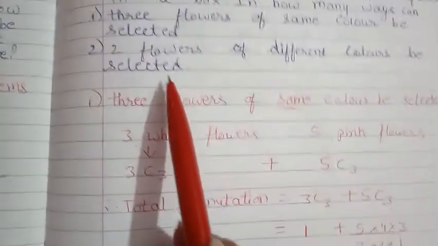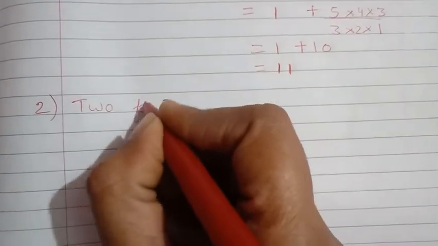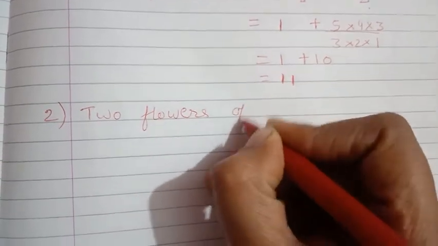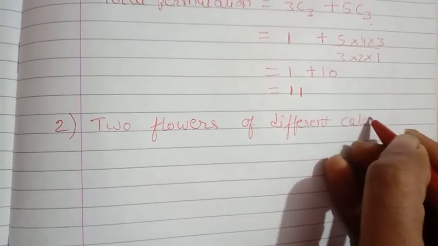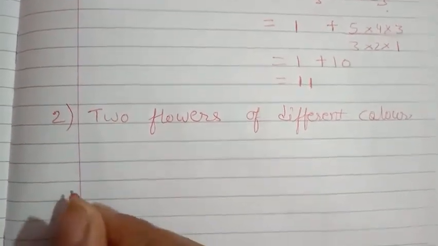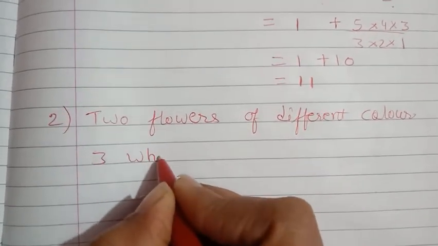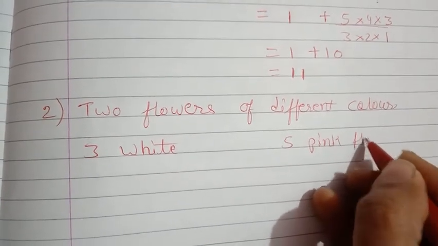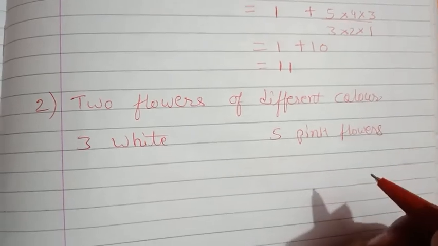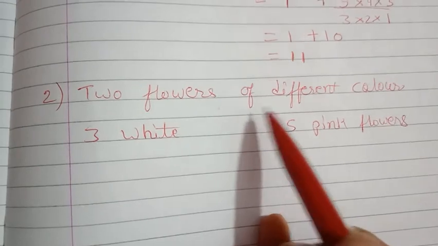Now the second one is 2 flowers of different colors to be selected. So here we have to select 2 flowers of different colors. In how many ways can it be done? Now as we all know we have 3 white flowers and 5 pink flowers, and 2 flowers of different colors we have to select.